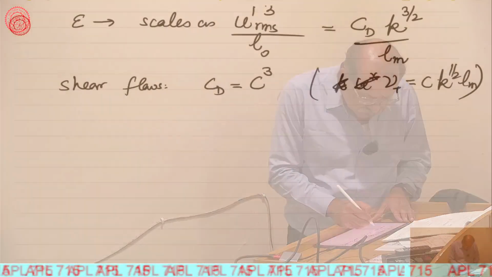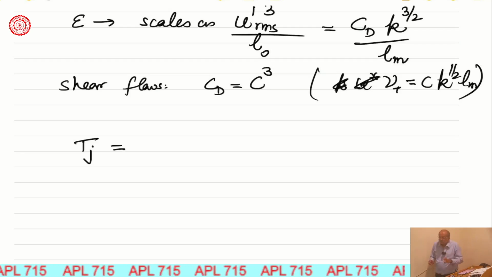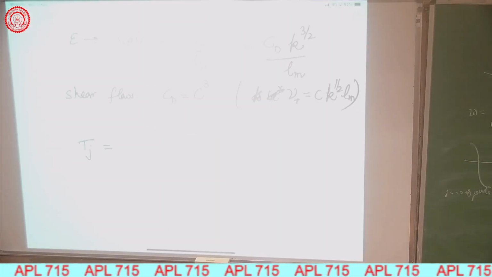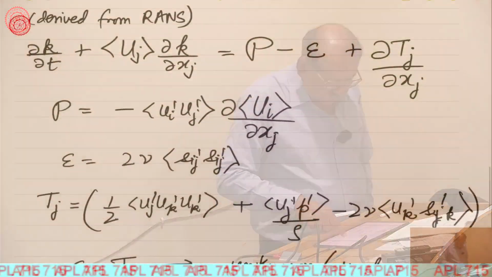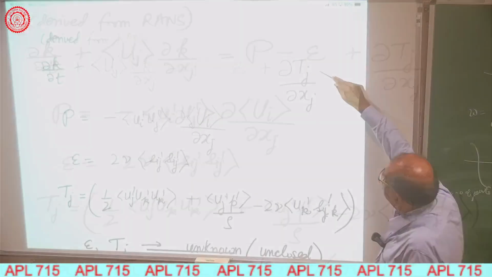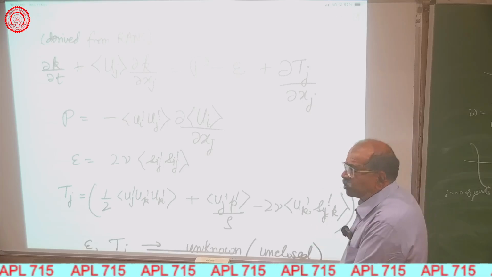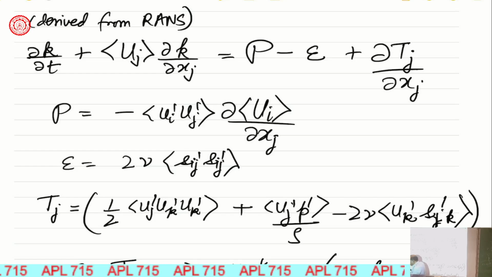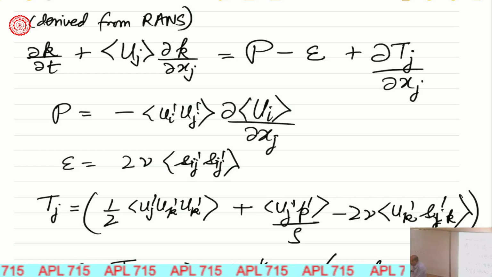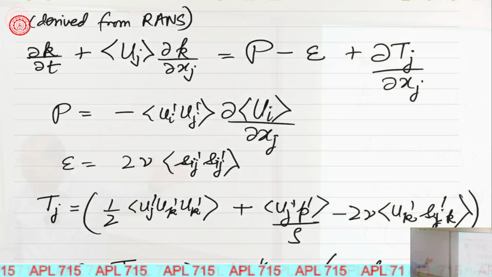Now, for the transport term, let's look at the transport term. In the K equation, we have partial T by partial xj. This is what we are calling the transport term. In the heat transfer equation, this is like a Fourier flux term, d by dxj of k dT by dxj.